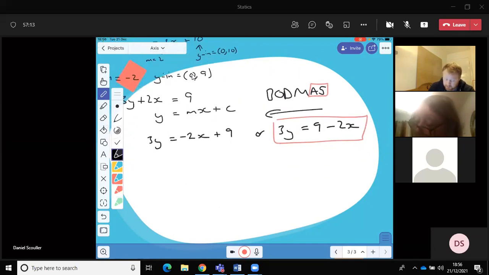Then it's a case of continuing with your BODMAS. Is there a divide or a multiply? Yep, we want to move that 3 across. We could write it like that, or we could write it the other way. How did I get that answer so wrong?